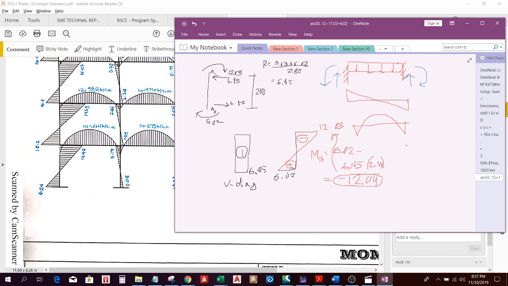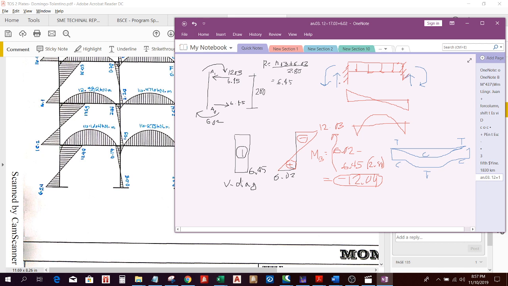And the elastic curve here is something like this. This is tension, this is compression, this is compression, this is tension.